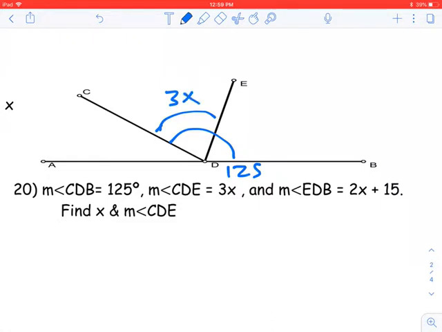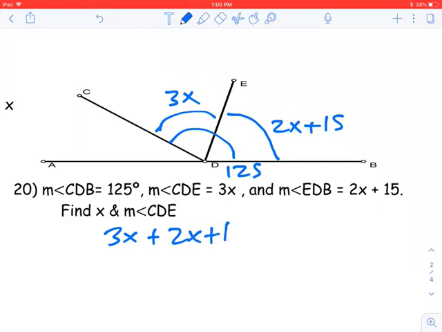And then EDB is 2x plus 15. So if you look at this, we've got this part plus this part equals the whole thing. If I've got a part and a whole, I'm going to add the two parts to equal the whole. So this part, 3x, plus this part, 2x plus 15, equals the whole thing, which is 125.